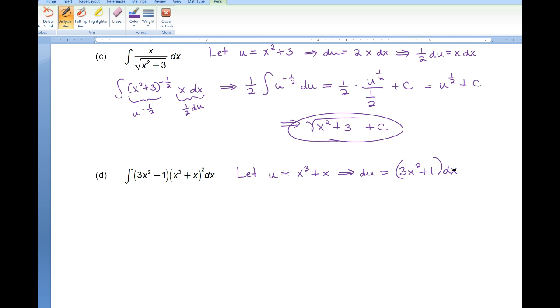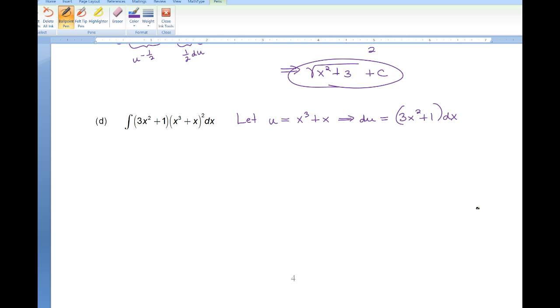So, what do you see right here? 3x squared plus 1. It will work. I'm not gonna give you ones where it's not. So basically this and this combined is du. If I take this part and this part and just rearrange it, that's really my du.